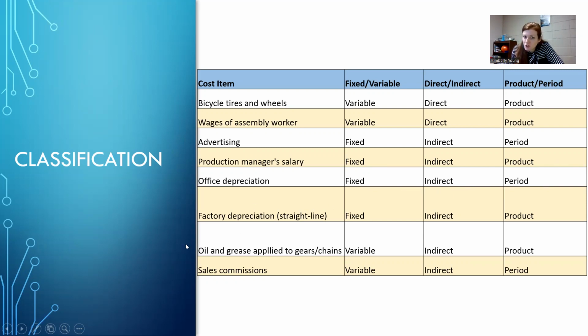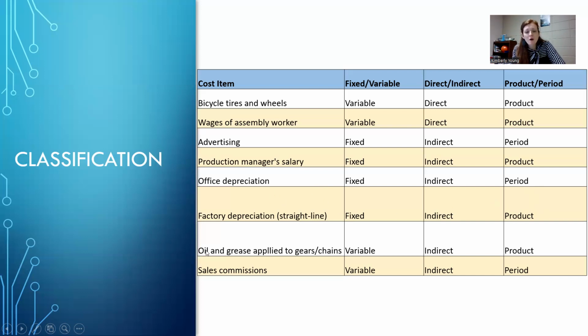But factory depreciation, so I am building these bicycles in this factory, that can actually be a product cost. The period cost had to do with the office where they're selling and doing all the paperwork, whereas factory depreciation could be wrapped up in the product because that's the building we're using to manufacture those bicycles.